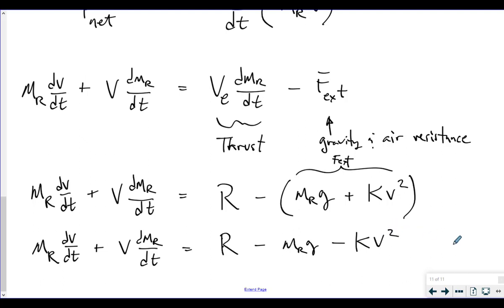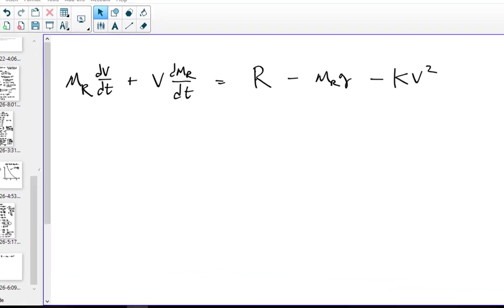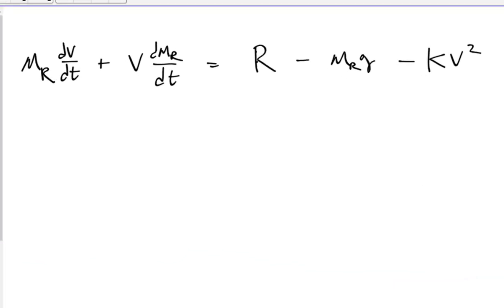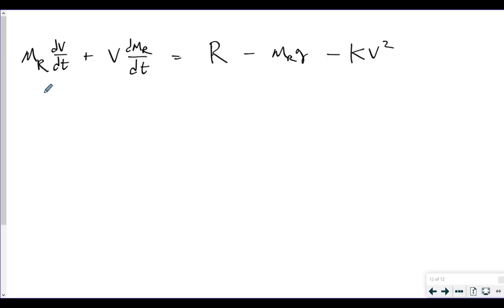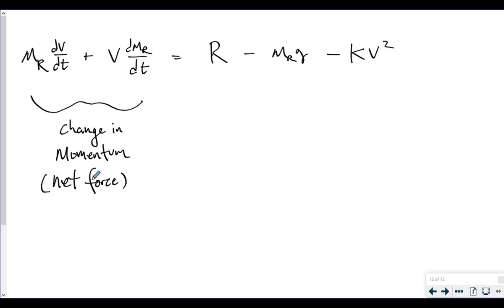So this is a nonlinear differential equation in v, and we can plug in some numbers and look at some solutions. So now this is something I could call my rocket equation that includes the weight and the air resistance. If the rocket is in the Earth's atmosphere, it still has weight and it still has air resistance. And so what we have here is the change in momentum, the net force, and this guy, this is the thrust.